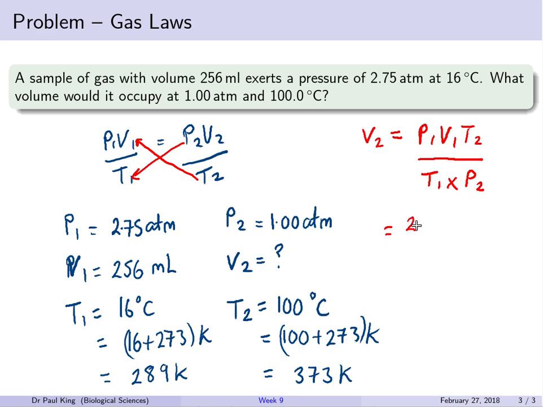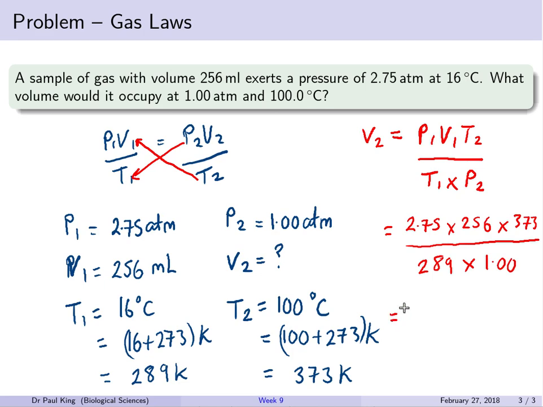P1 is 2.75. V1 is 256. T2 is 373. And then we're going to divide that by T1, which is 289. And we're also going to divide by P2, which is simply 1.